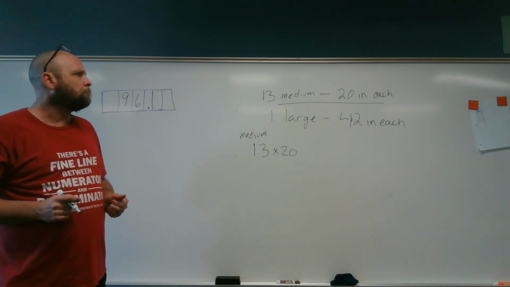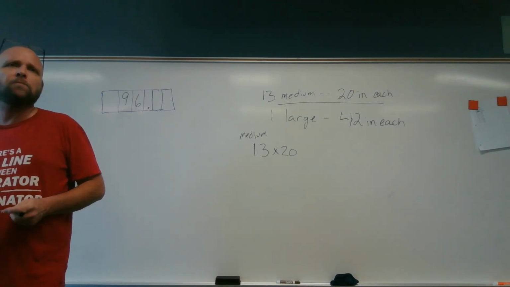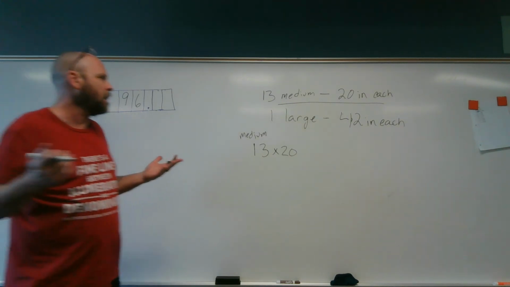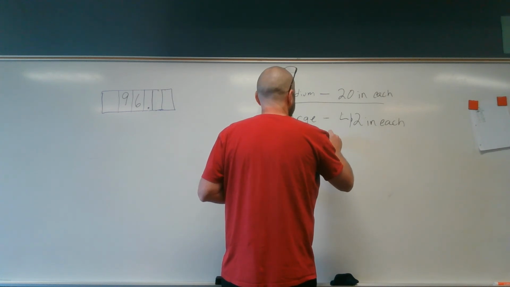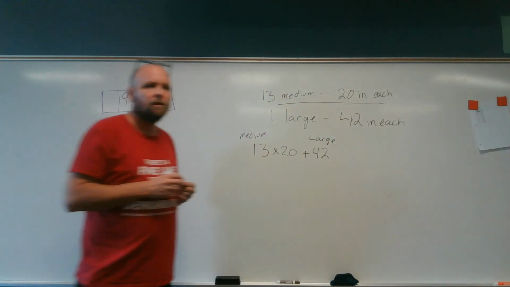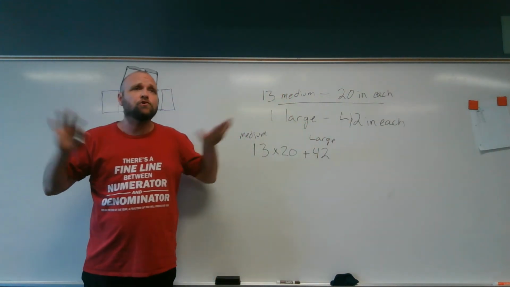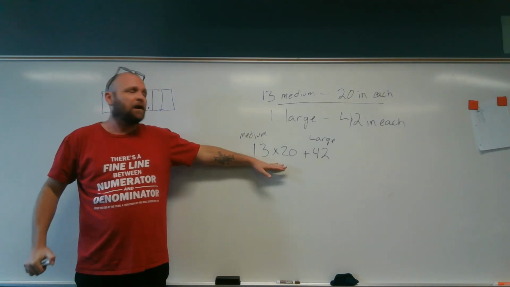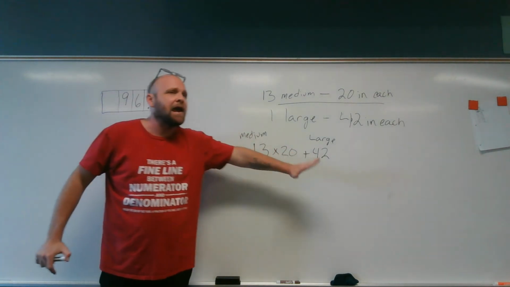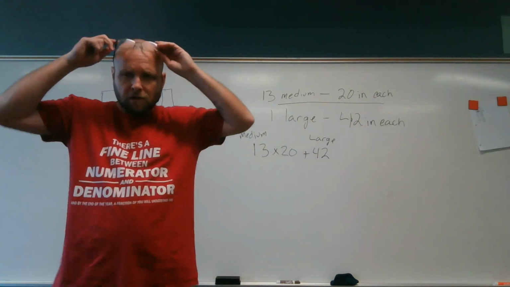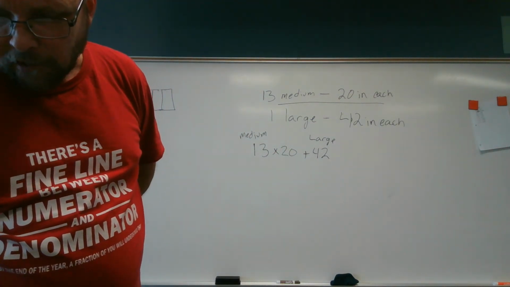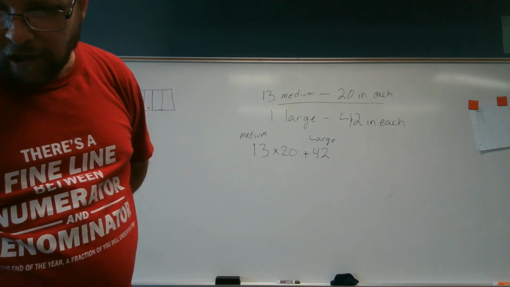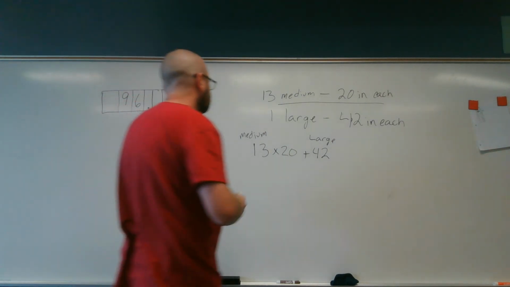How many pieces of candy in the large bag? They only have 1 bag, and this is the large bag. So whatever my answer choice is, it has to multiply 13 times 20, and it has to add 42. Which one of those does that? C. 13 times 20 plus 42.